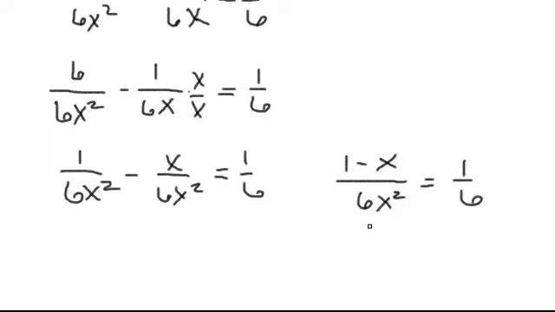Now we're going to do the shortcut thing again. I'm going to take this 6 diagonally up, so this becomes 6 times (1 minus x) is equal to, and then I'm going to take this 6x squared diagonally up, so this is 1 times 6x squared.